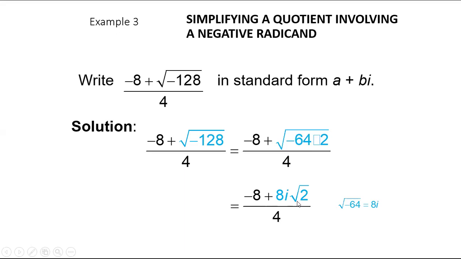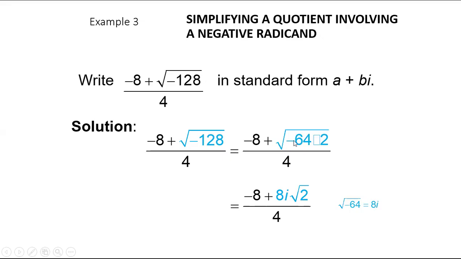So we take 4 common in numerator, and this 4 in numerator and denominator would be cancelled with each other, and this term of 8 iota into square root of 2 would be represented as 8 into iota.